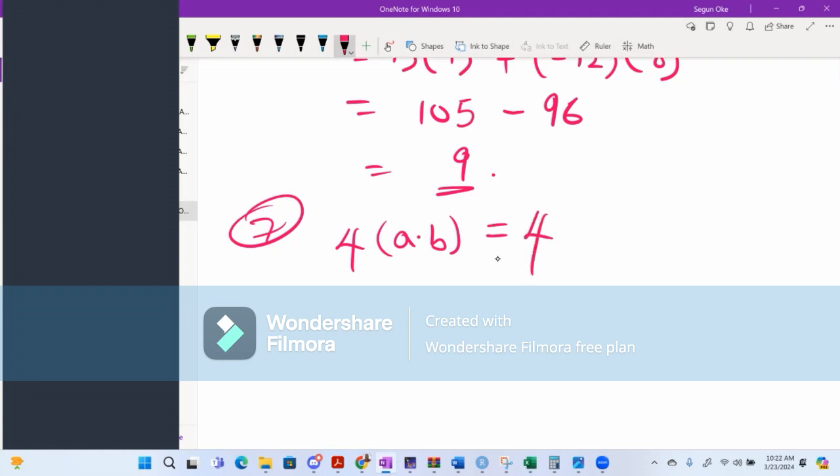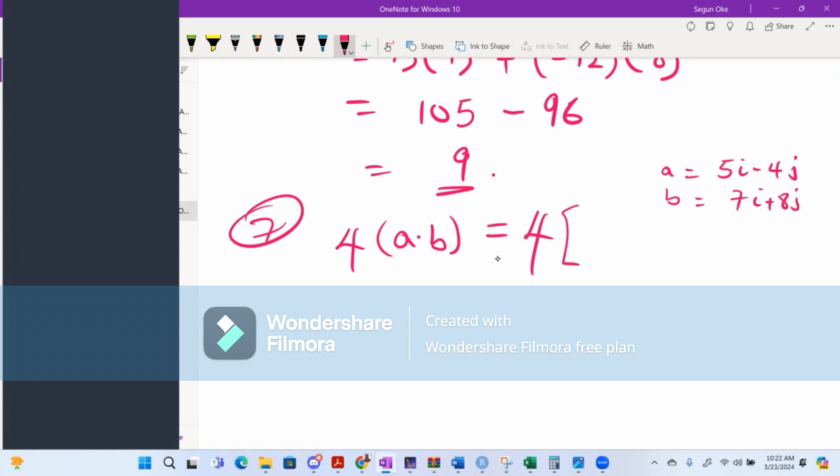You have 4. A dot B will be, remember your A is equal to 5i minus 4j. Your B is equal to 7i plus 8j.